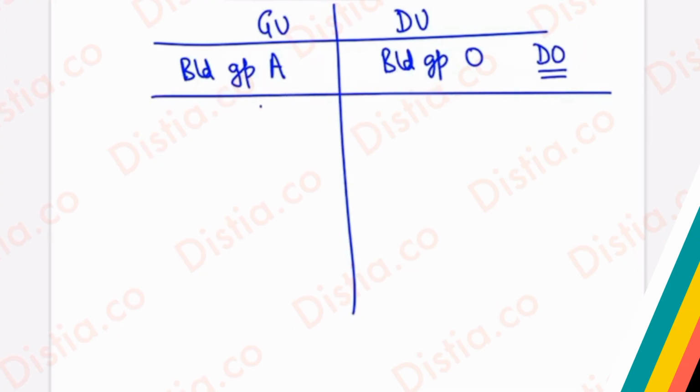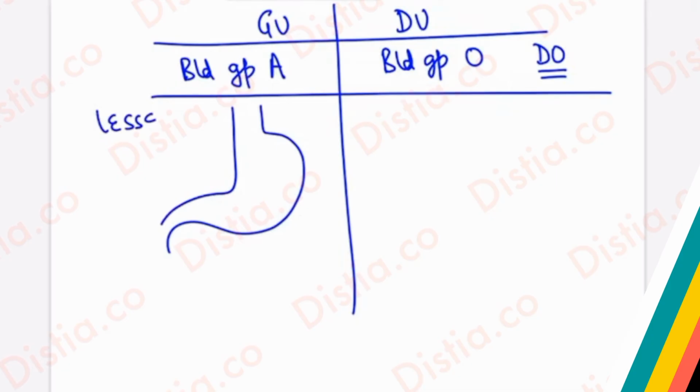Subsequently, I want you to remember that the most common site of gastric ulcer is gonna be definitely the lesser curvature near incisura angularis. If you read the Johnson classification, which is given in surgery, he has categorically highlighted that the most common type of gastric ulcer is type 1 gastric ulcer.